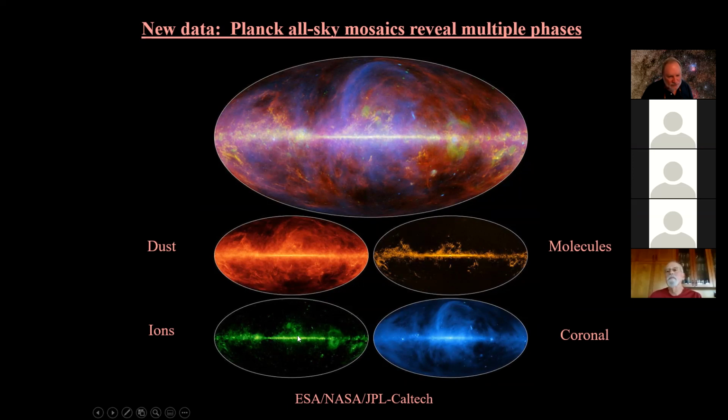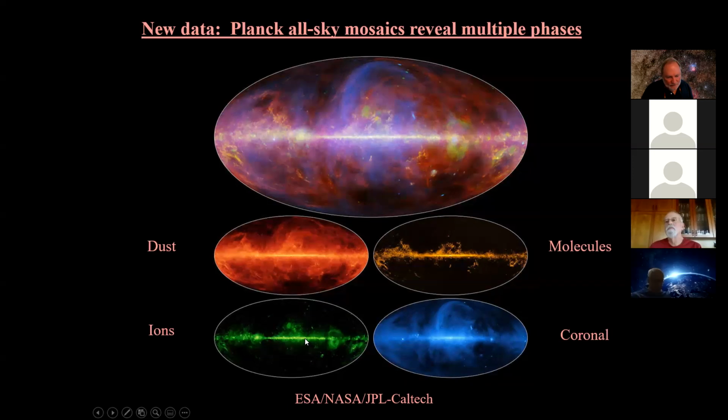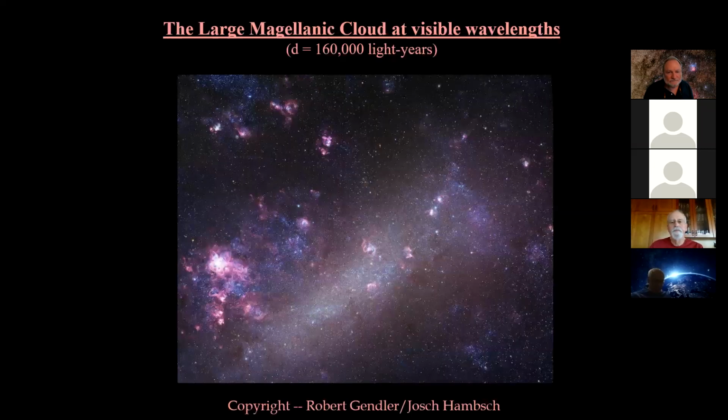The angular resolution isn't as good, but definitely worthwhile data. And then finally, the coronal. Here you have gas that's around 10,000 degrees associated with the massive star formation. Here, this is million-degree gas associated with supernovae and other crazy events. So fabulous stuff.